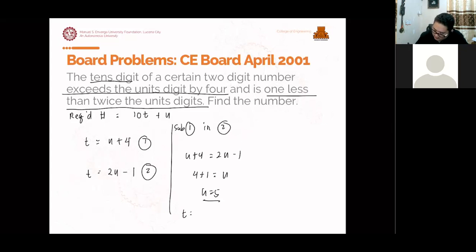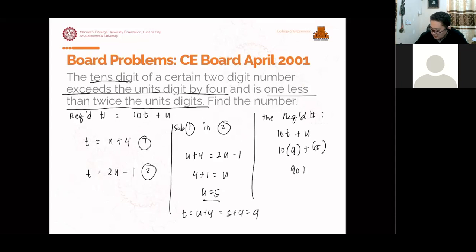So, t is equals to u plus 4 is equals to 5 plus 4 is equals to 9. Therefore, yung number na hinahanap natin is 10t plus u. So, 10 times 9 plus 5. So, ibig sabihin, 90 plus 5, yung hinahanap nating number is number 95.